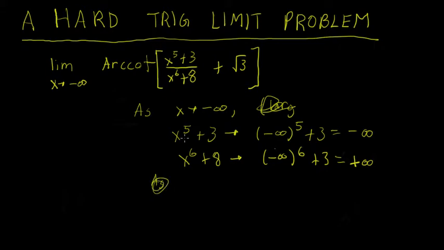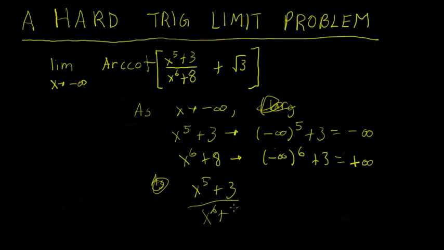We already have the as x tends to negative infinity, so that applies to both of these. What happens to this ratio, x to the 5th plus 3 over x to the 6th plus 8? Well, that's what we're going to look at right now.